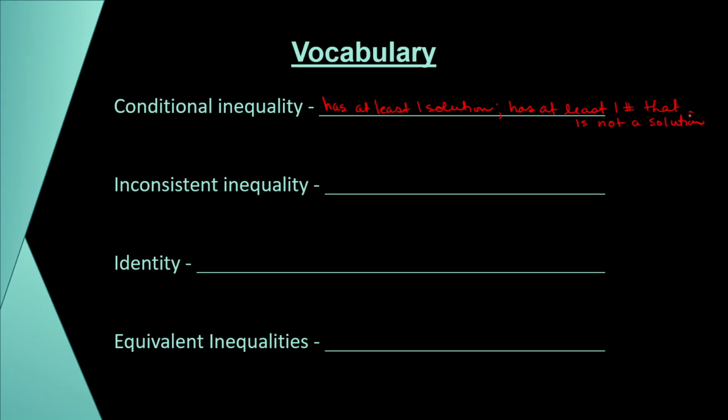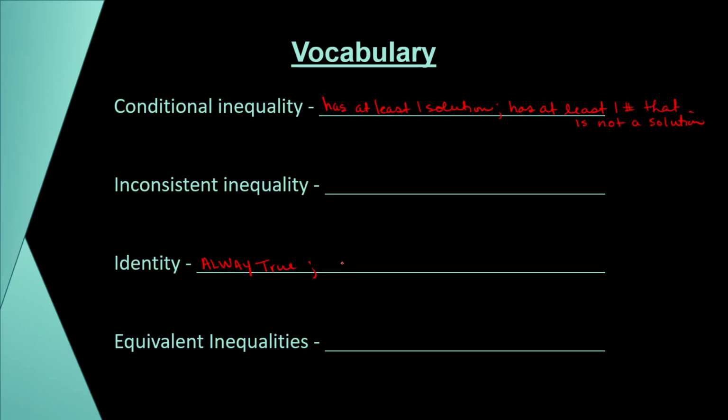So we may have an infinite number of solutions, like it might be everything between 1 and 10. That includes all the decimals, all the fractions, anything you can think of between 1 and 10. But there has to be something that is not a solution. So we're not talking all reals. If we have one that has all reals as a solution, then we're talking an identity, which is always true.